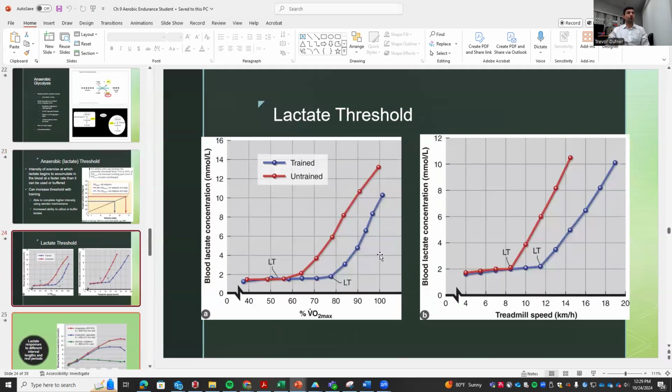So we looked at our lactate threshold. A trained individual is going to reach lactate threshold later, at a later percentage of their VO2 max or at a higher treadmill speed. This is really important for aerobic performance. Marathon runners spend a lot of time finding where their lactate threshold is, because, if you see here, no matter how well trained you are, what do you notice about these two increasing lines for acidosis buildup?